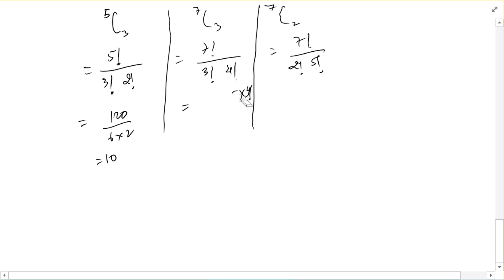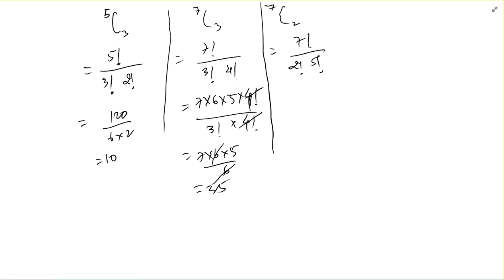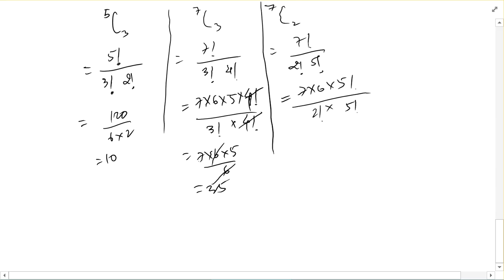Okay, sorry for my handwriting. 7 into 6 into 5 into 4, and then 4, it is waiting here. Now 3 factorial is 6, so 7 into 6 into 5 by 6, that is 35. And this is a 7 factorial. Okay, 7 into 6 into 5, we'll stop at 5, so it will be 42 by 2, that is 21. Okay.